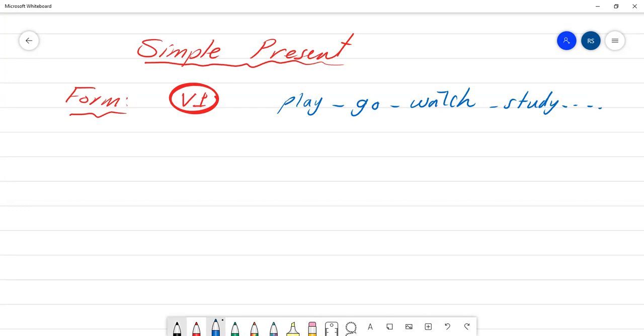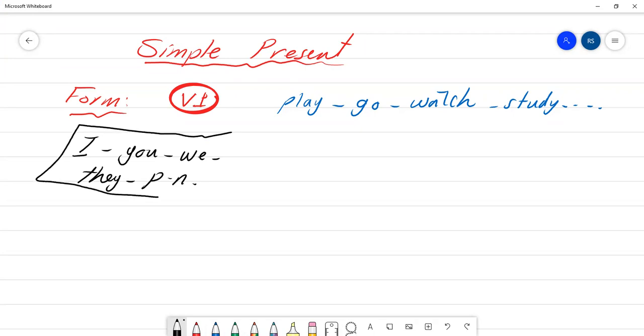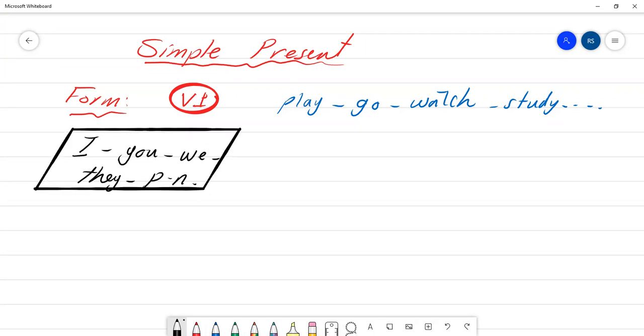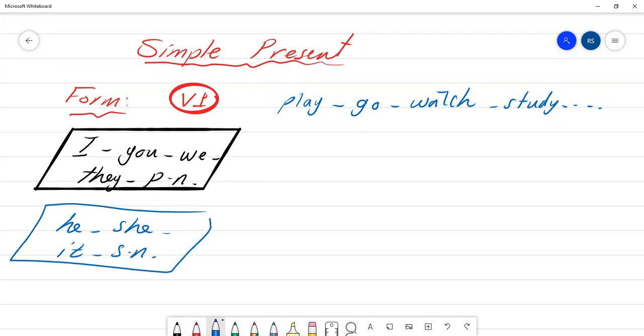As we said before, we have two groups of subjects: I, you, we, they, and the plural noun. We call this group one. We also have he, she, it, and singular noun. We call it group 2. Okay, my friends?